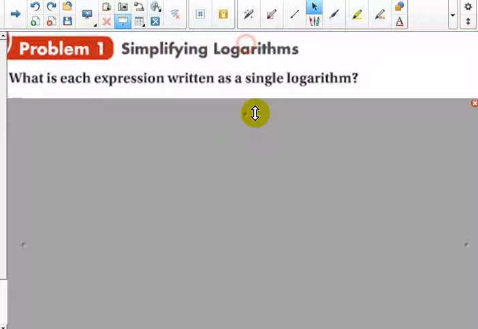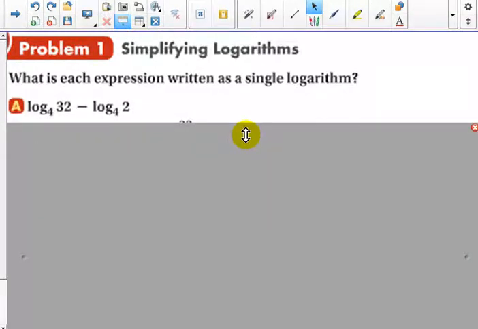So for problem 1, it says write each expression as a single logarithm. So now they're going to give us the right side of that equal sign, and you're going to try to combine it into the left side on all of your properties there. So they give us log 4 of 32 minus log 4 of 2. So we've got a subtraction. Look on the right side of all three of those equal signs.